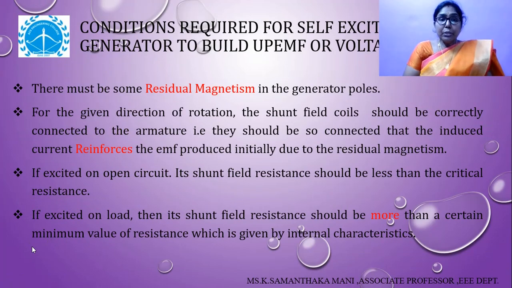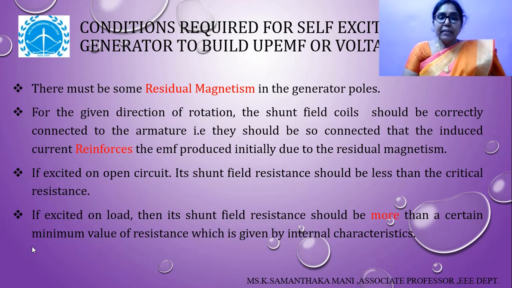We must know the conditions required for a self-excited generator to build up the EMF or voltage. As I mentioned earlier, there must be some residual magnetism in the generator poles. That is the start; a very small voltage is possible with this residual magnetism only.